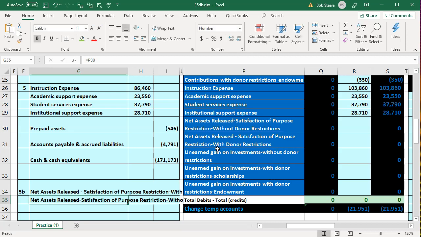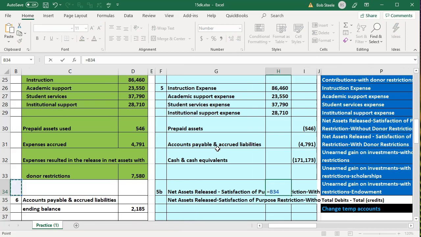They have credit balances. Therefore, to make it go down, we debit it. Therefore, we debit the one with donor restrictions, and the one that's going up will go up with a credit. That's the one without donor restrictions. So we then are going to pick up the amount. That's going to be the 7580. That'll be the debit and the credit.